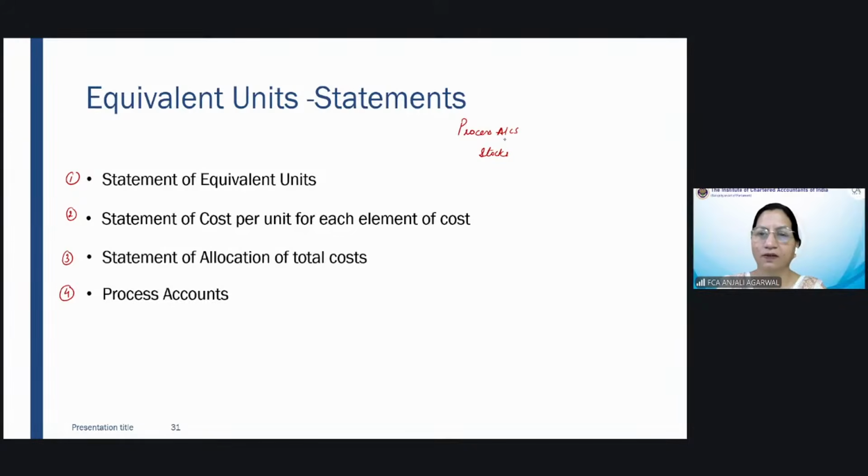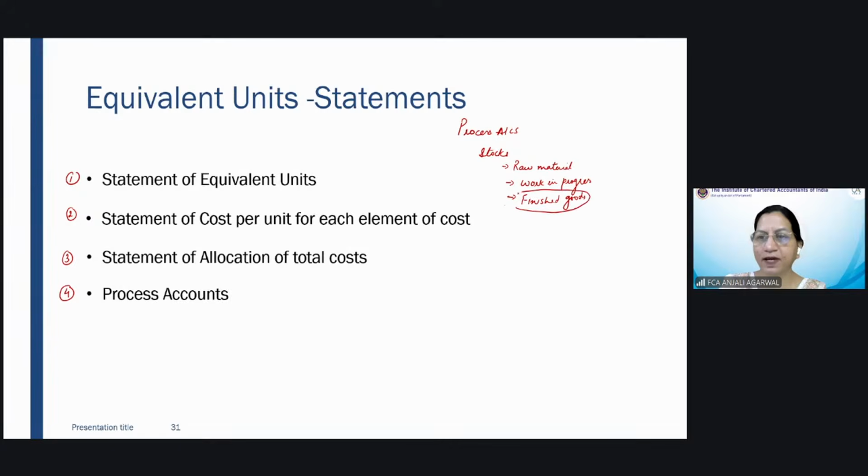So in process accounts, we have not dealt with stocks. Stocks of raw material, though it can be there. Stocks of work in progress, WIP. And stocks of finished goods in various processes.